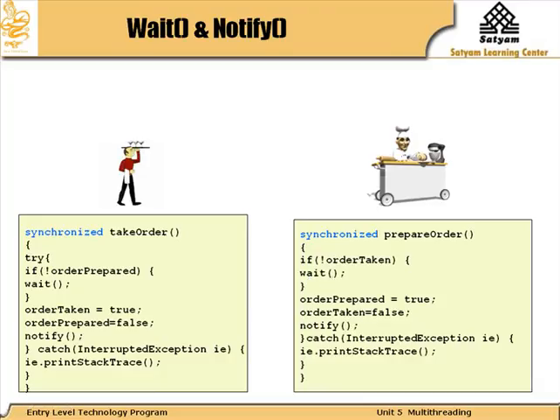On taking the order, the waiter notifies the chef thread by calling the notify method. This notifies the chef thread. And on preparing the order, chef notifies the waiter thread, once again by calling the notify method. Here is the notify method which chef calls in order to notify the waiter.